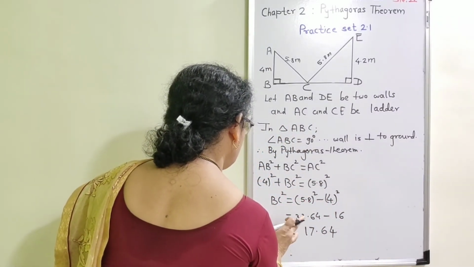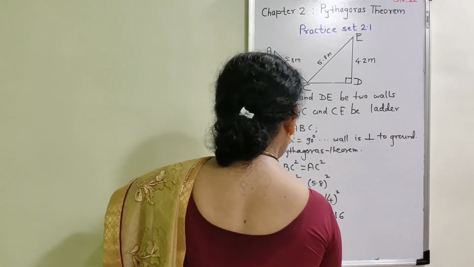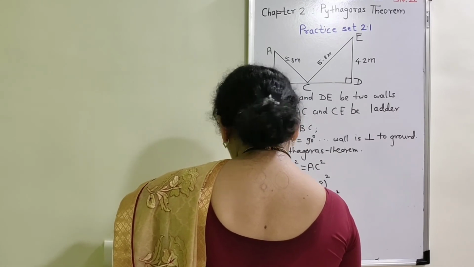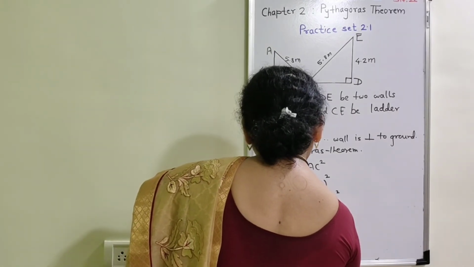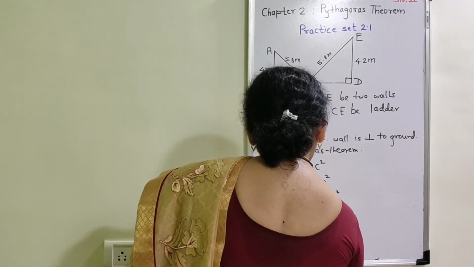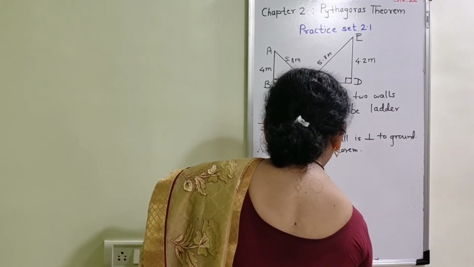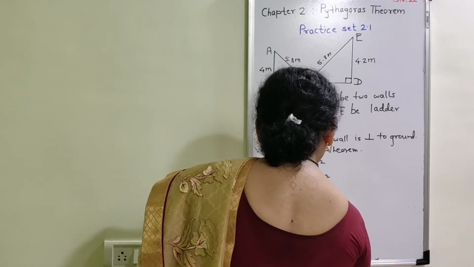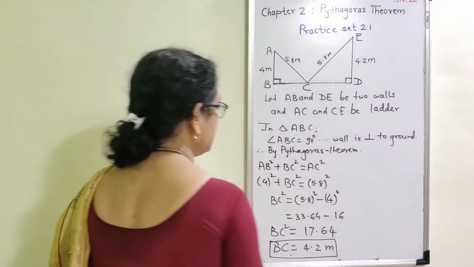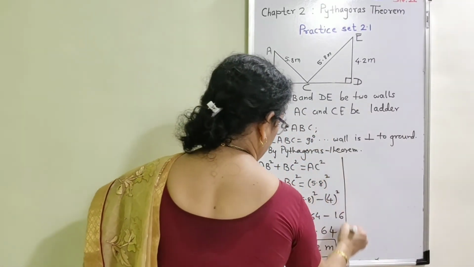BC is equal to the square root of 17.64, which is equal to 4.2 meter, and therefore I will get length BC as 4.2 meter.